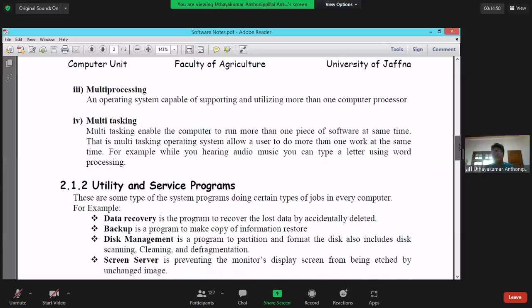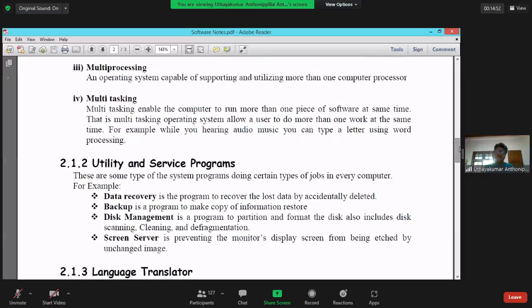Say the fourth one, multitasking, right? Multitasking means in a computer at a time, we can run many tasks. Say now I am working with my MS Word application. At the same time, I can watch a cricket match in another corner, and the cricket match is in silent mode.